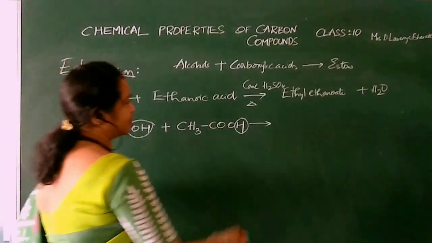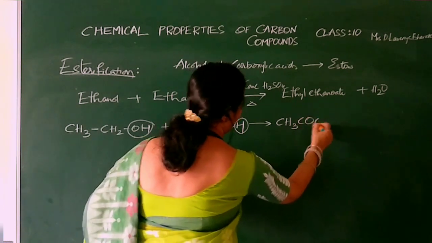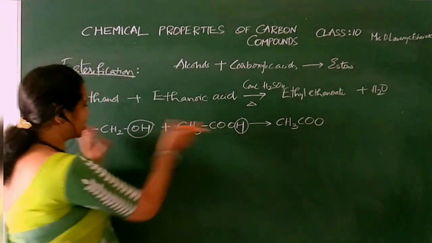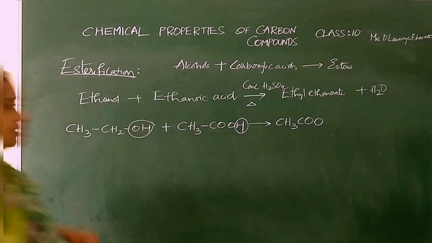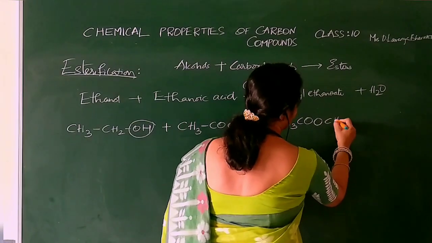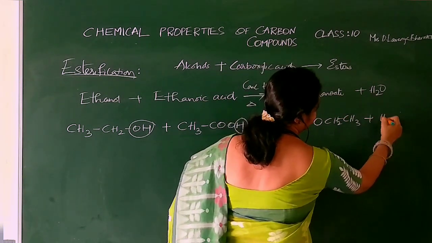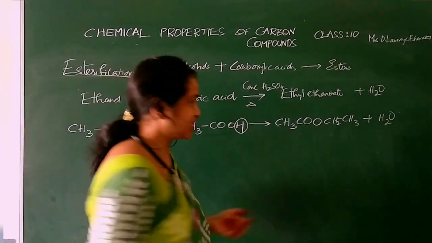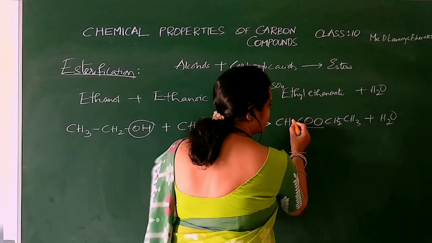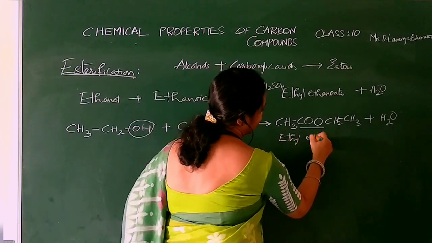You just add up the remaining parts: CH3COO, I have written this part, and now I'm including the other part as CH2CH3, plus H2O. So this is called ethyl ethanoate, an ester, wherein the functional group is COO. We call this ethyl ethanoate.